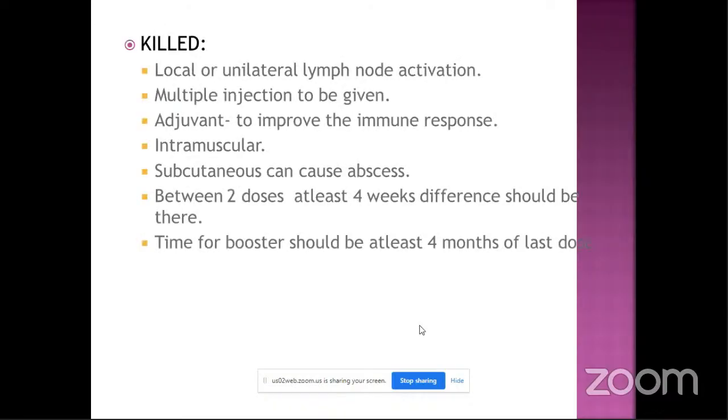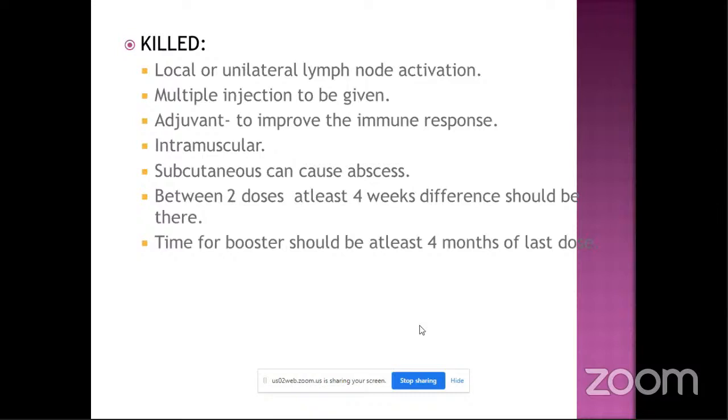Moving on to killed vaccine. When killed vaccines are injected, they produce a local or unilateral lymph node activation, so multiple injections need to be given. Most of the time, the killed vaccine requires an adjuvant to improve the immune response. When given subcutaneously, these adjuvants can potentially cause an abscess.